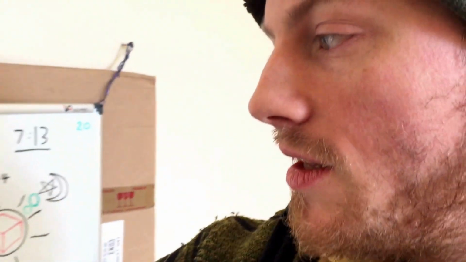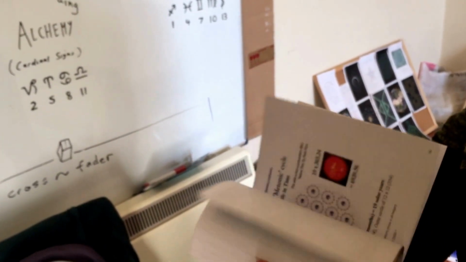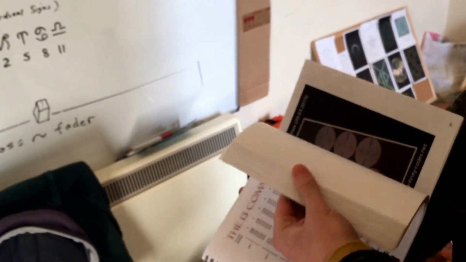So that was the beginning of understanding the time technology frequencies, but it expanded into this book. This book has lots of stuff in it, but towards the end... here we are.